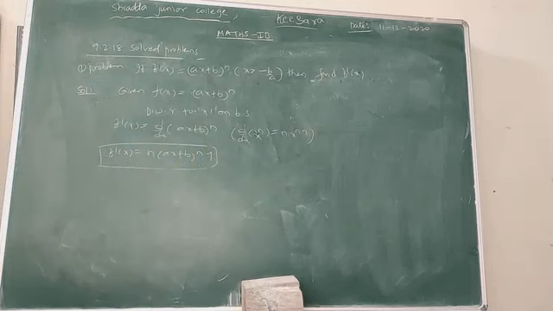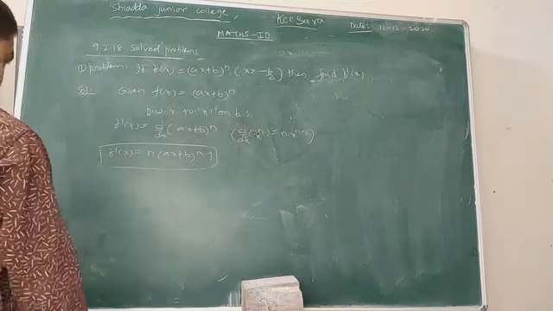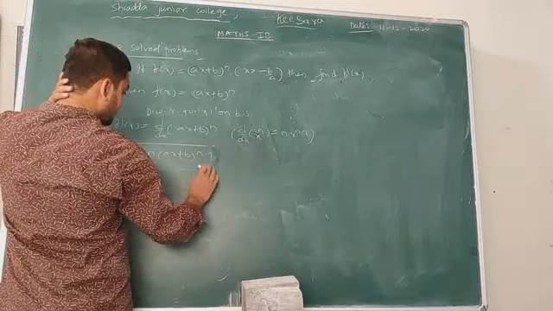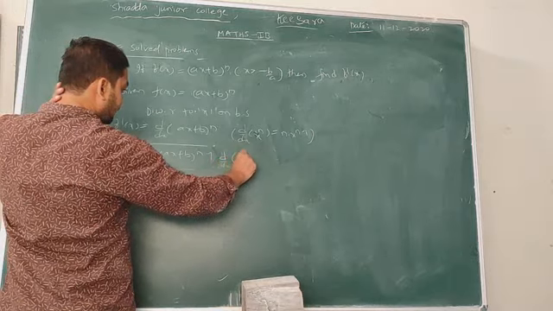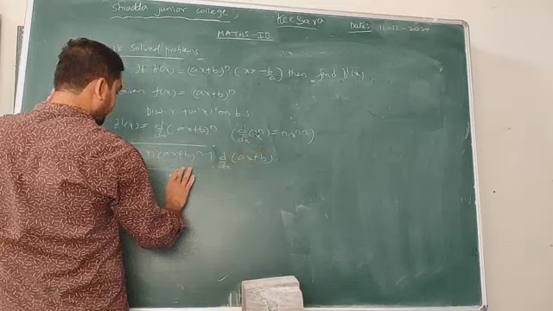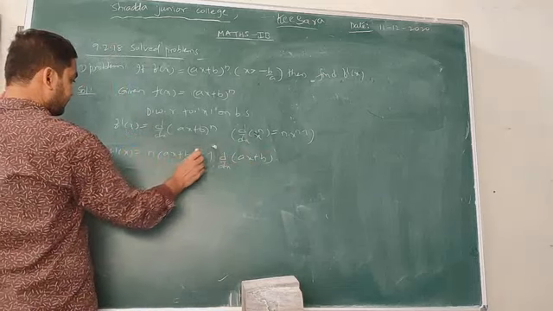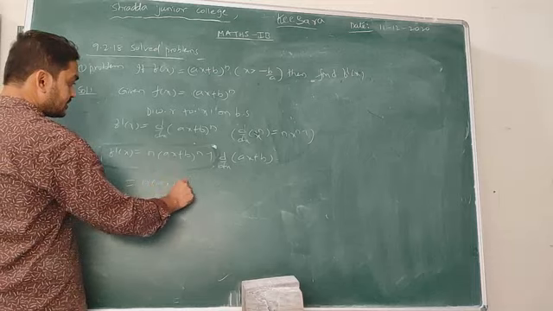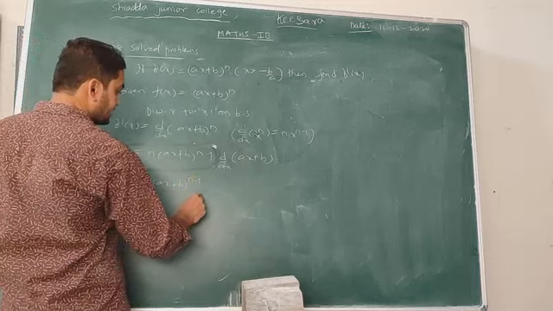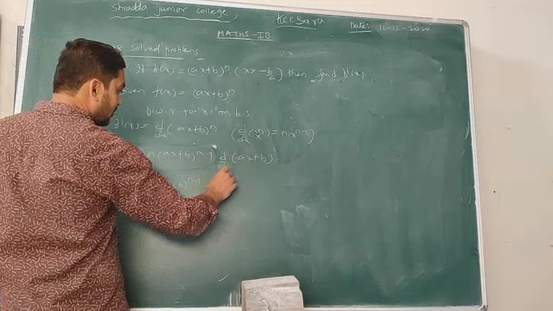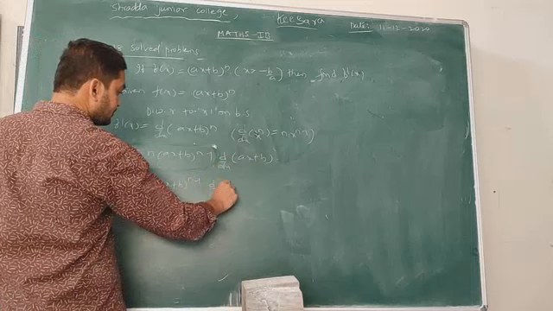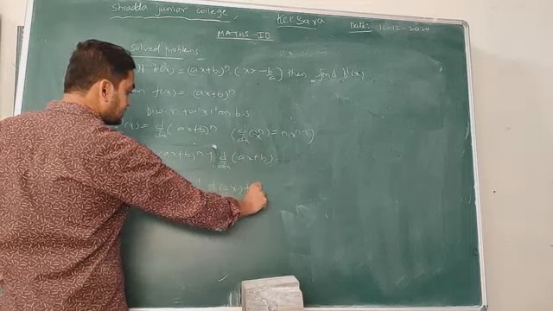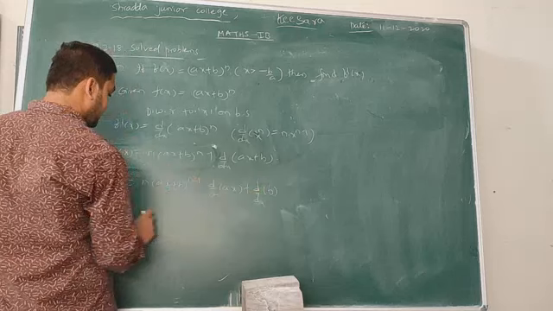So now next one, d dx of ax plus b. This is equals to n into ax plus b whole power n minus 1, d dx of ax plus d dx of b.